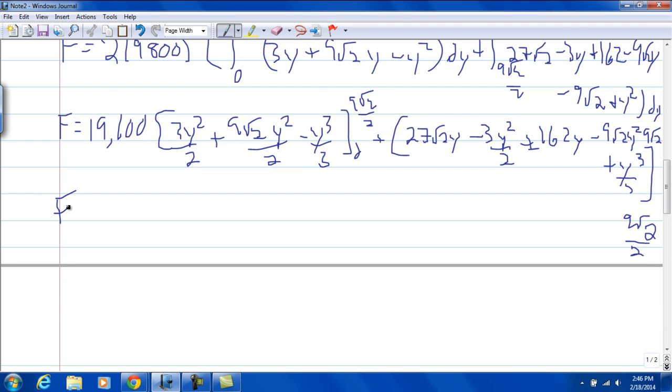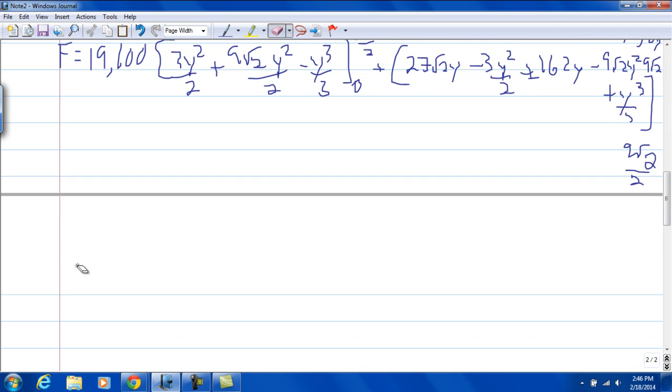So our force is going to be 19,600 times what? Now, to clear this up a little bit, that's going from 0. I'm just going to start this over on the next page because there's not enough space.